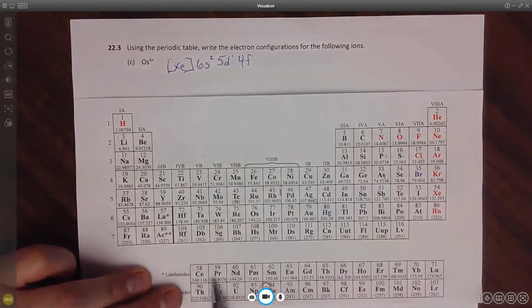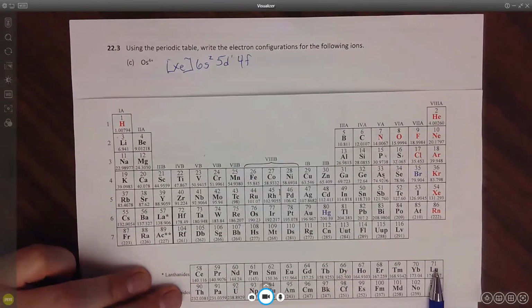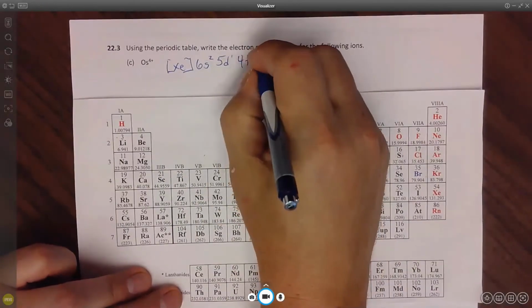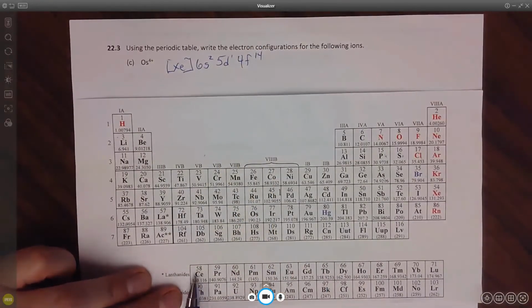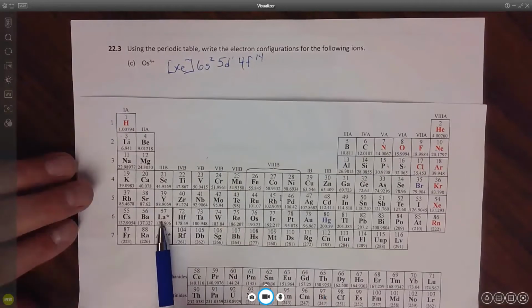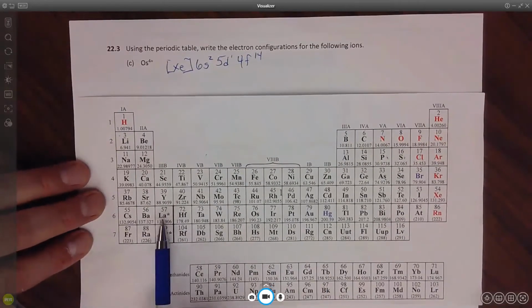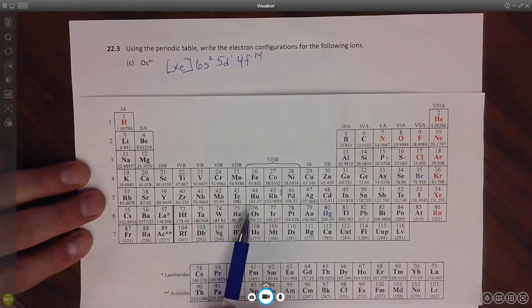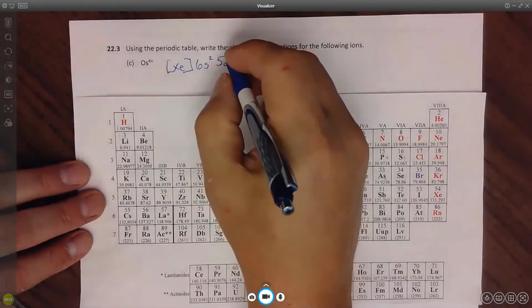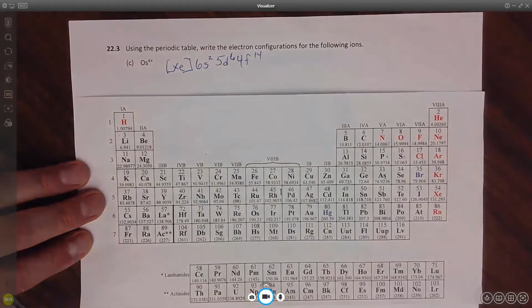And if you count across, there are 14 of them, representing the 7 4f orbitals, and the 2 electrons each would give us a total of 14 electrons in the 4f subshell. Now, once we filled that, we're going to come back up. Now, remember, we're back in the 5d again. So 5d, we already had 1, 2, 3, 4, 5, 6. So there's 6 5d electrons.